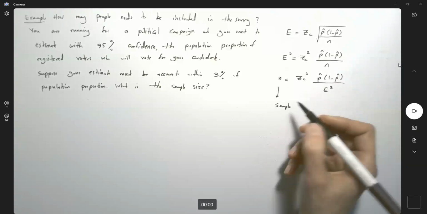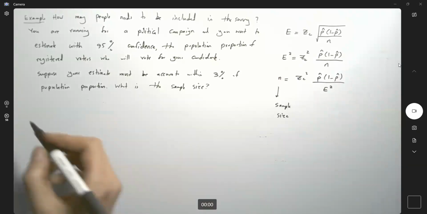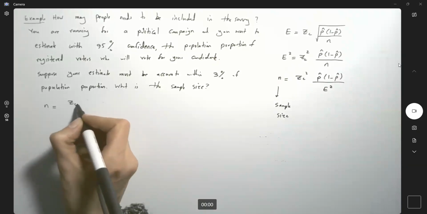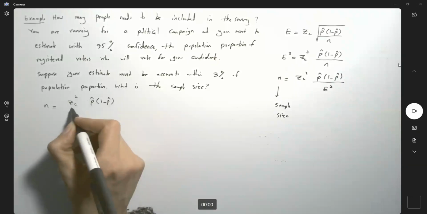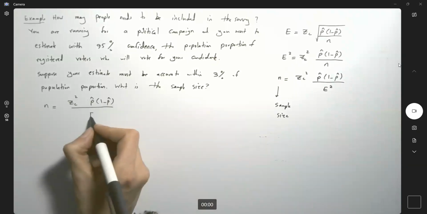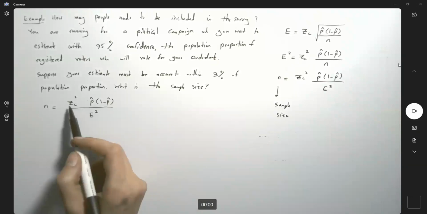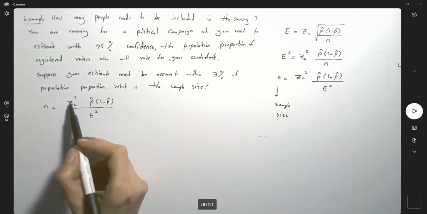This gives you the minimum sample size. We're going to follow this formula. N is equal to ZC to the second, P hat 1 minus P hat divided by E squared. Very good. Now we need to identify these pieces of information. What is ZC?